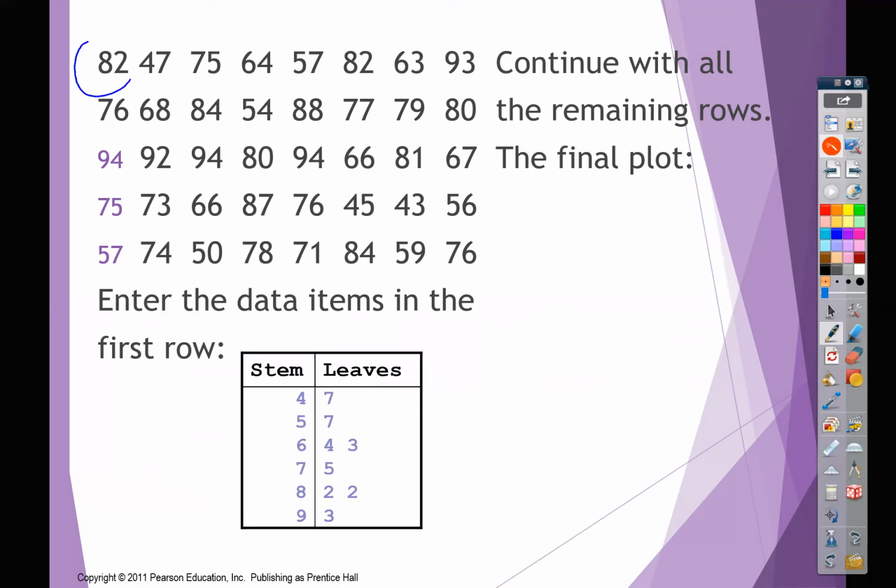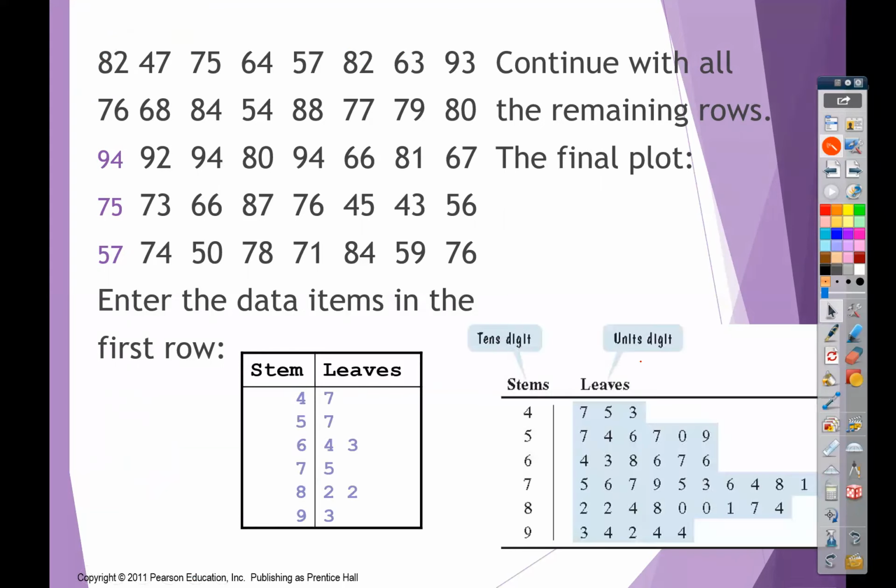So if I was making it for 82, it would be 8, 2, and then 4, 7, 7, 7, 5. I'm just doing this, but you go in order of the stems to organize a little bit better. And then when it's finished, it would look like that. So this would be 47, 45, 43, and so on.